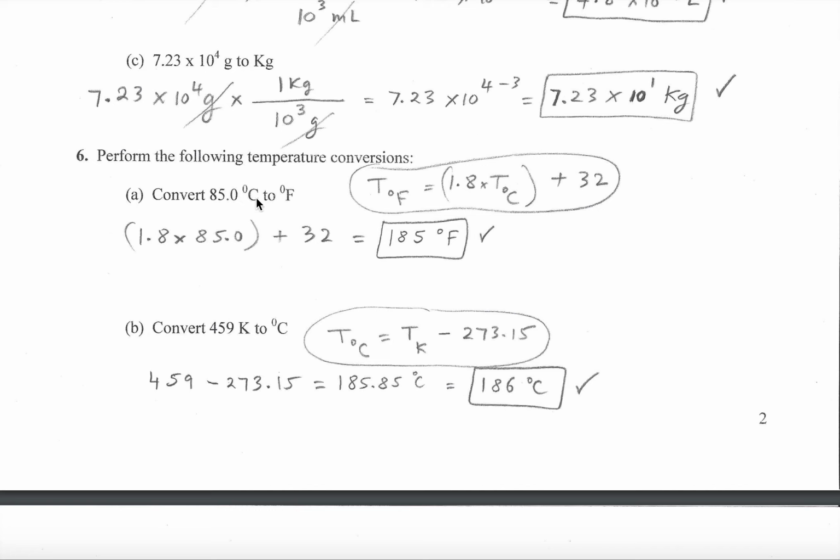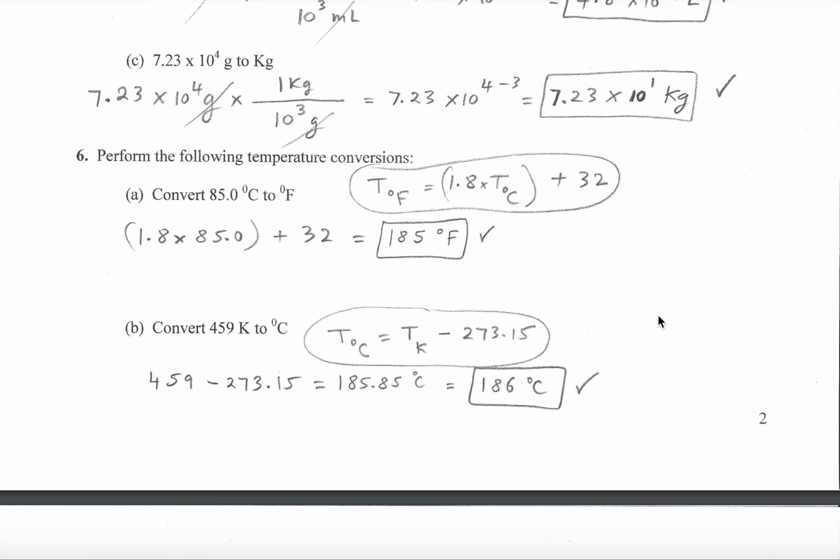When you go from Celsius to Fahrenheit, it's said right here, the formula. You take the temperature in Celsius, multiply it by 1.8, put it in parentheses. If you don't, the calculator will figure it out, but it's good to do. Plus 32. That's the fixed number, 32. So if we take 1.8 times 85 plus 32, we should end up with 185.